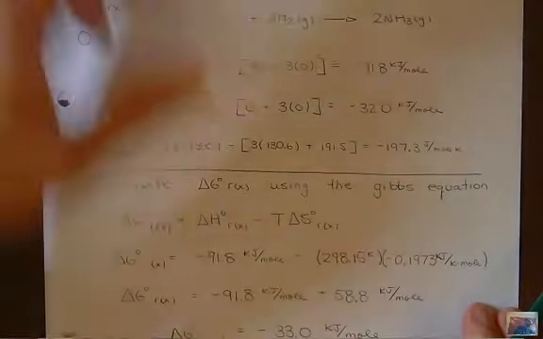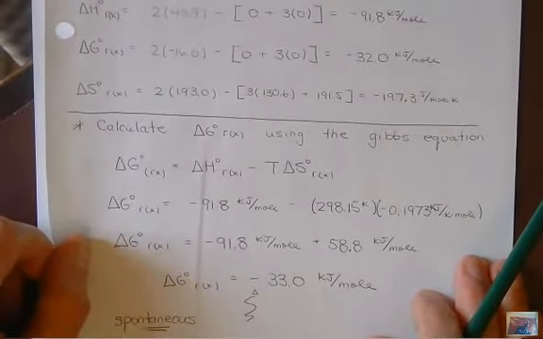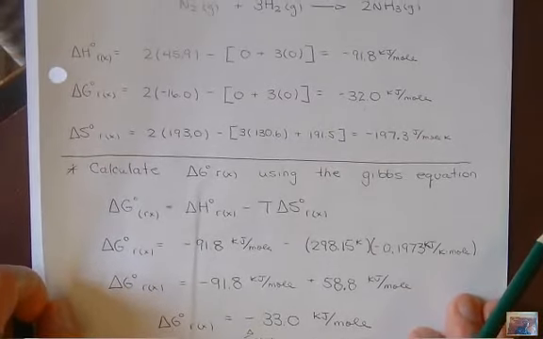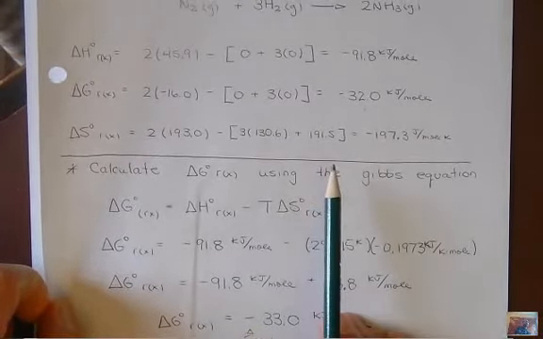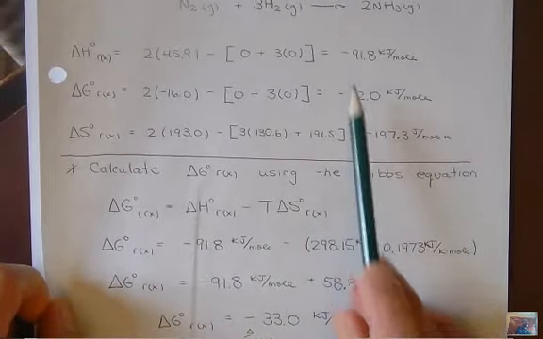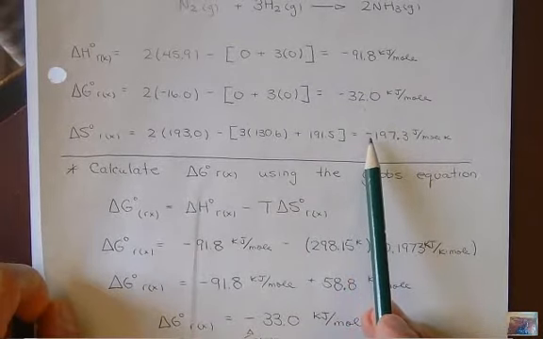If you wanted to figure out what temperature you'd have to go to get this reaction to stop occurring, right? It's spontaneous right now, but if I want it to stop occurring, since both of them are negative, I have to go to high temperatures to get it to stop.